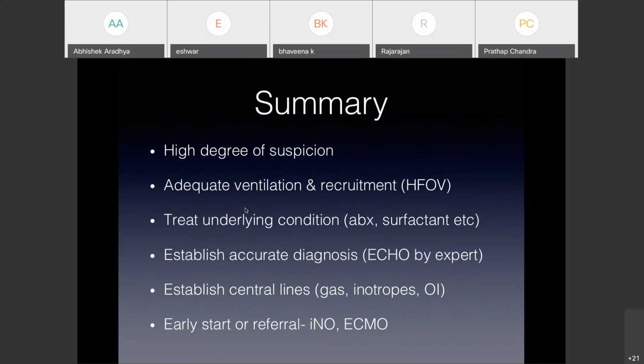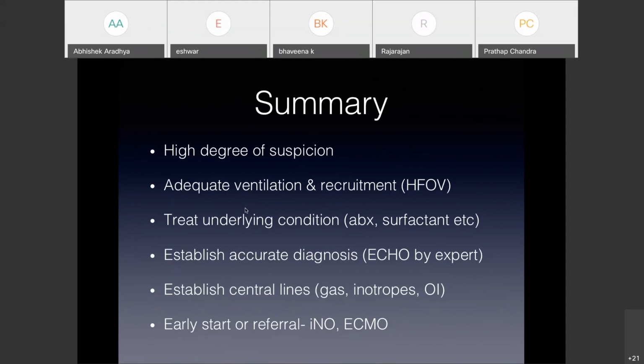Therefore, consider adequate type of ventilation, for example, high frequency oscillation, and you have to recruit the lung, in which case you might have to use a surfactant and you might have to use a good type and modality of ventilation. And you need to treat your underlying condition, whether it's a surfactant deficiency, whether it's an infection, or whether you're using the vasodilators or whether you're using the inotropes.